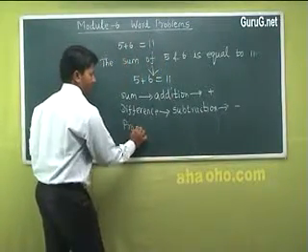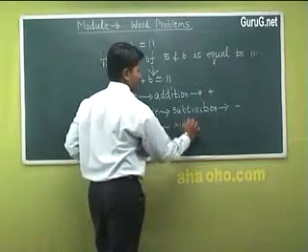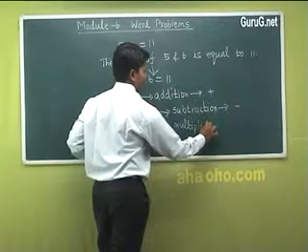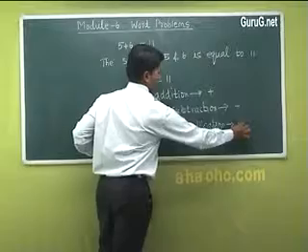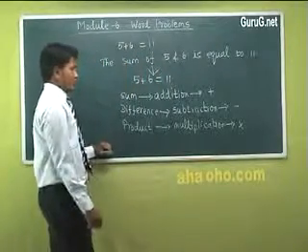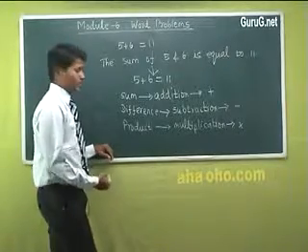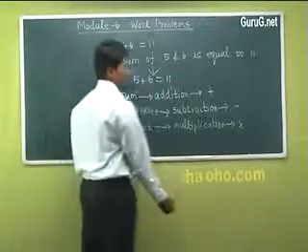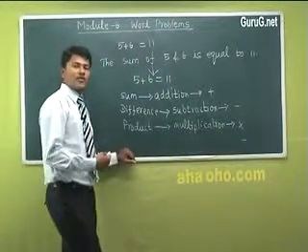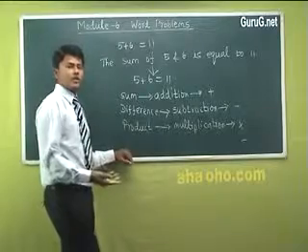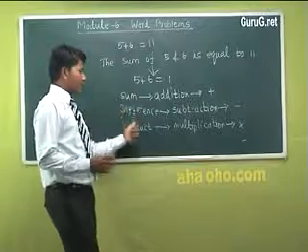Product is multiplication. Then finding the quotient or finding the remainder is a division operation, represented by the division sign. But the most common operations that you would encounter are sum, difference and product.